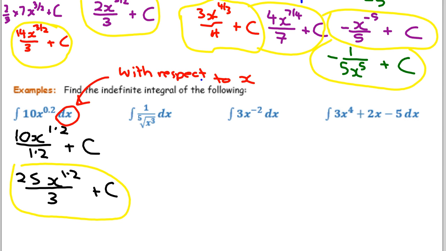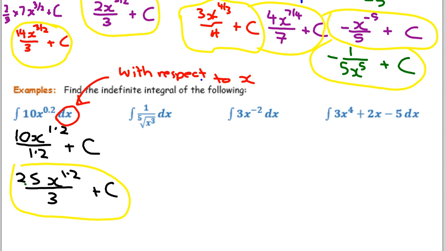It's done. But the good thing about that: the previous one was technically numerically right, but as I said, the math gods don't like there being decimals in a fraction. So by what I just did, I turned it into a simplified fraction with whole numbers as coefficients. It's fine for the exponent to be 1.2. You can change that to a fraction if you want. What's 1.2 as a fraction? 1.2 over 1.